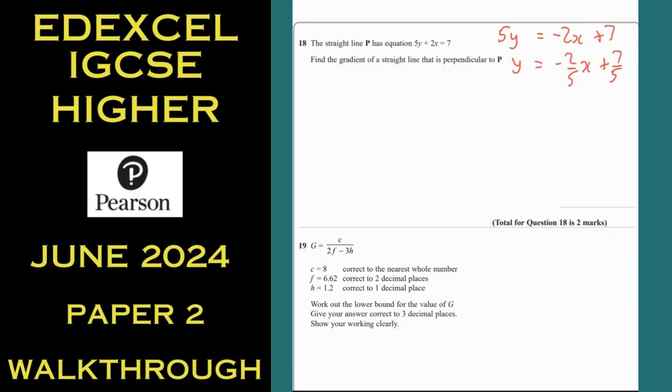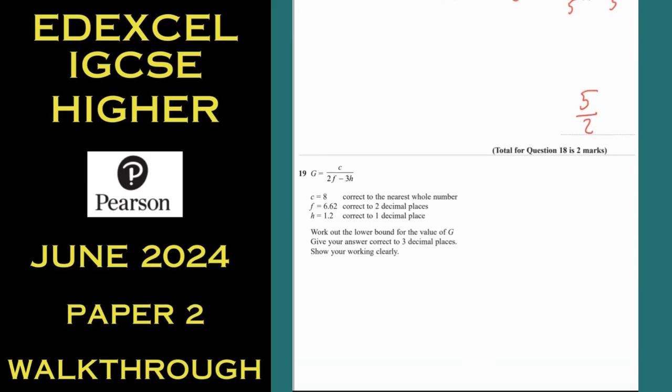So the intercept's there, but no one cares. It's all about the gradient that is perpendicular. So whether you do the multiplying to make -1, -1 divided by -2/5, or you just flip it and change the sign, negative reciprocal, no one cares about that either.